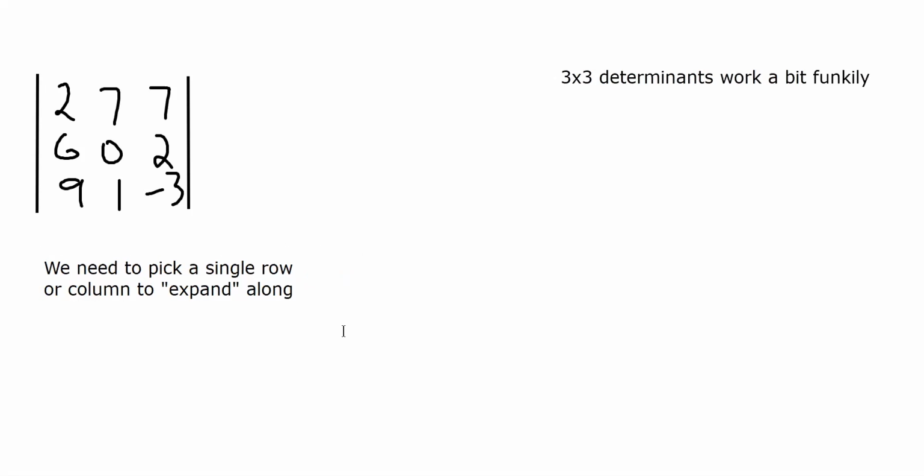So what we can do, we have carte blanche here, the freedom of choice, which is something that Johnny Mnemonic explored. We have the freedom of choice to pick any of these rows or columns to expand along. What does it mean to expand? I'll show you in just a second. You get to pick one.